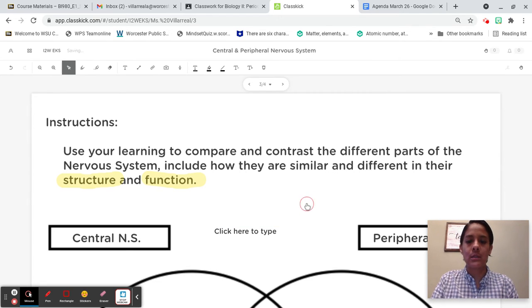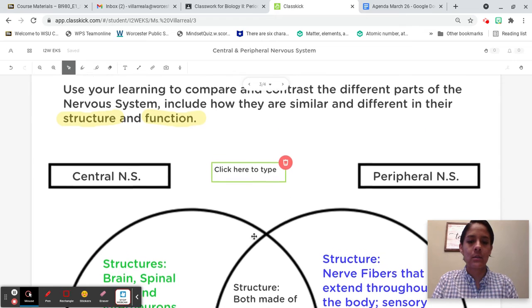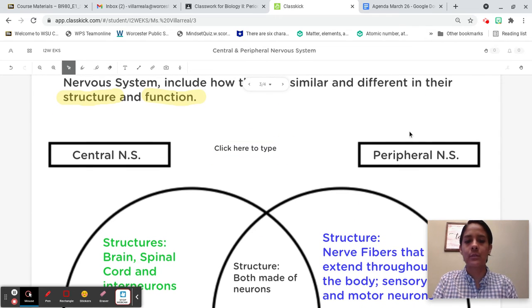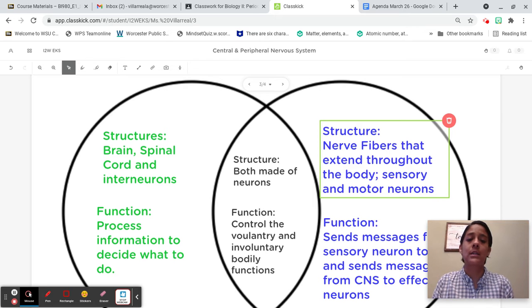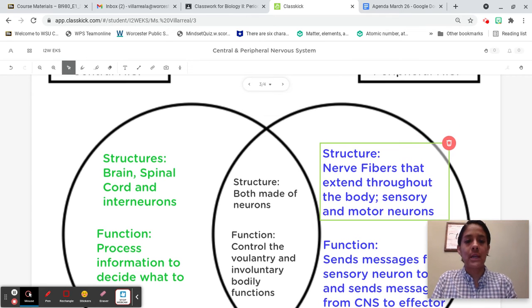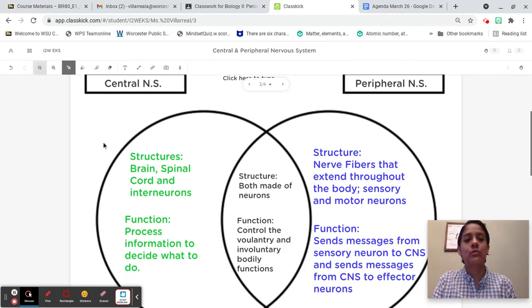That way you can just type in it. So let's see. So central versus peripheral, we're going to take a look at the different structures. So you can see here, you're going to give me structures that are associated with the central nervous system versus the peripheral, and the function of each. And then in the middle, you're telling me how they're the same structurally and how they're the same functionally.